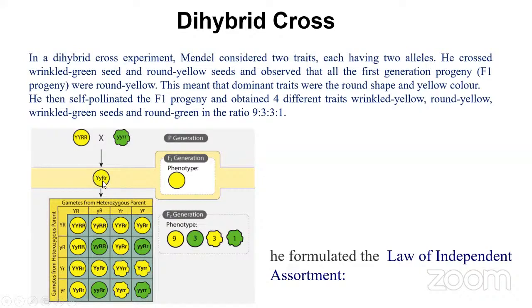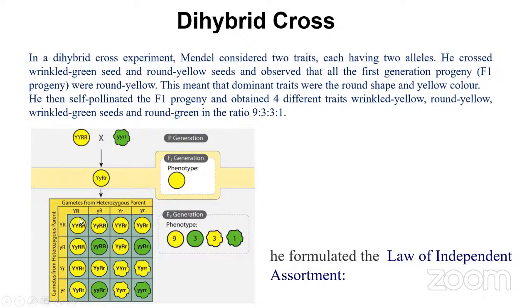Y from one trait, yellow color, capital Y, small y. Then from the other trait of shape, capital R and small r. So they will lead to four different types of gametes.